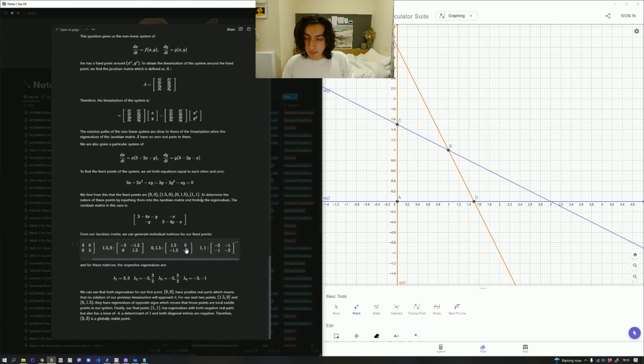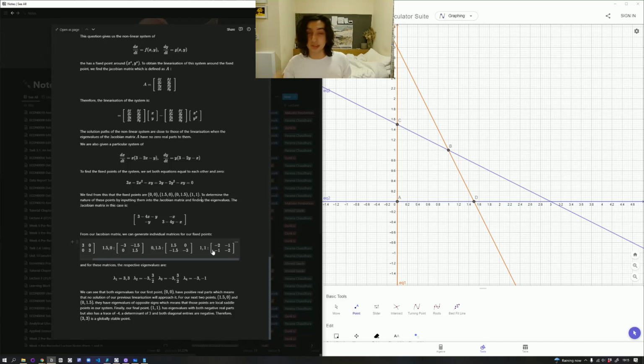Okay? Hold on, let me do the eigenvalues. So if you get the eigenvalues from this, you should get 3, 3 for the first one, -3, 3/2 for the second one. You should get the same for the third, because it's essentially the same. And then you should get -3, -1 for the fourth.